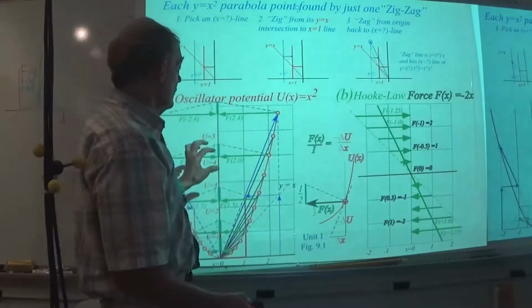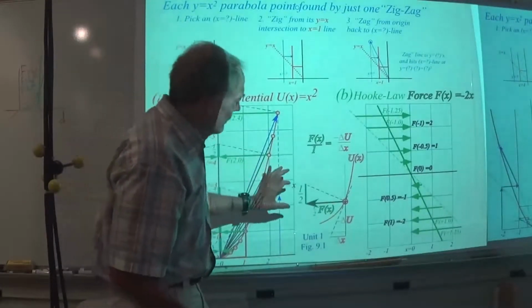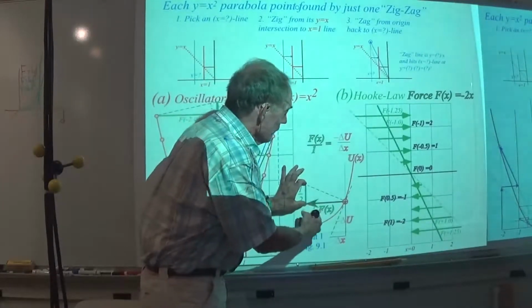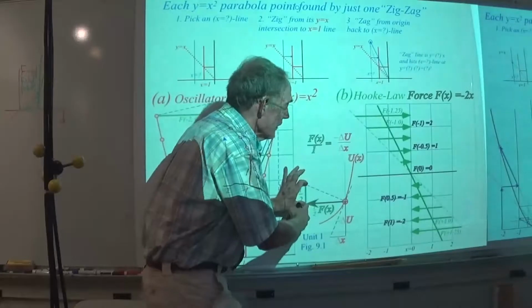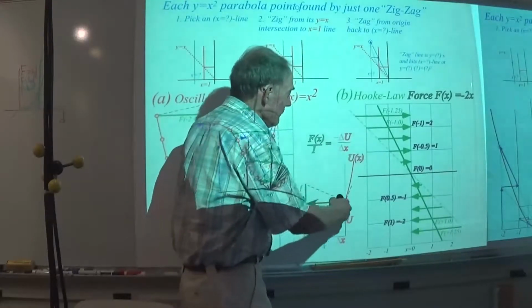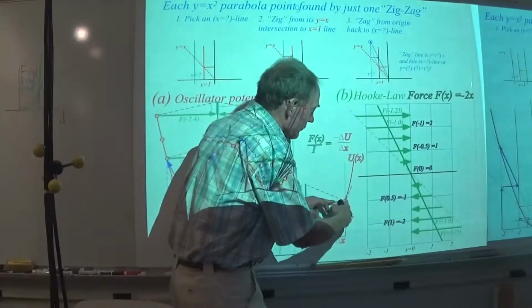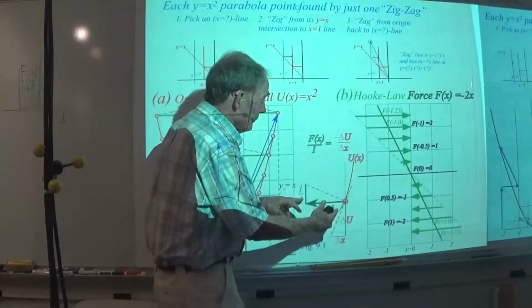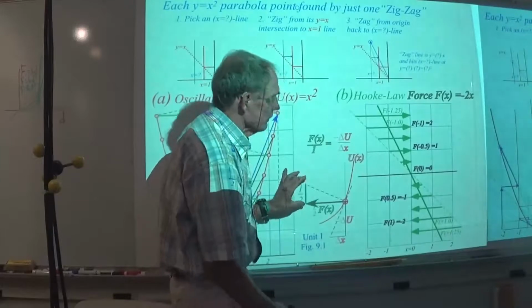But the basic idea is we picked a unit before when we showed the force value increasing and decreasing as we went up and down the various potentials we had in the last lecture. I picked a unit right here, whatever you want.